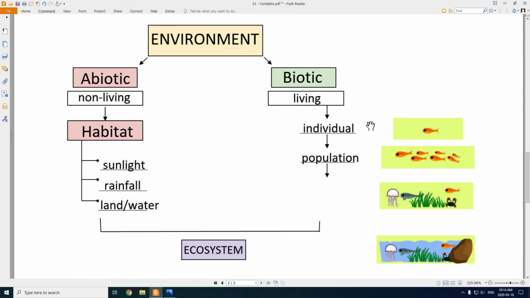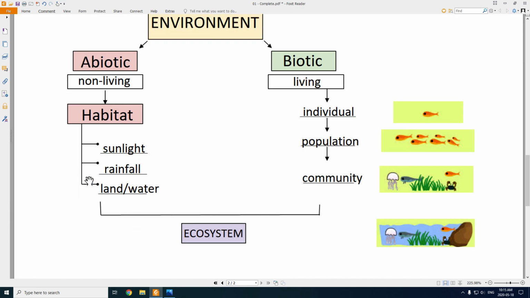Now, if I look at all of those types of fish, all of the fish that are exactly the same type of fish, we call that a population. So we might say, oh, these are all of the whatever type of fish. Now, if we looked at all of the different types of animals, so for example, all of the orange fish and all of the gray fish and all of the plants and the crabs in this case, we'd say that's a community of living things.